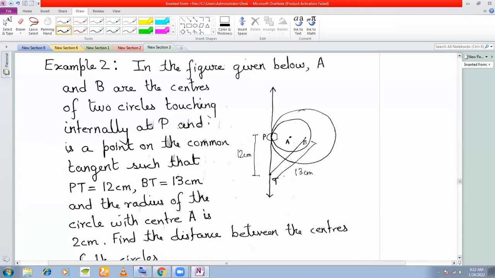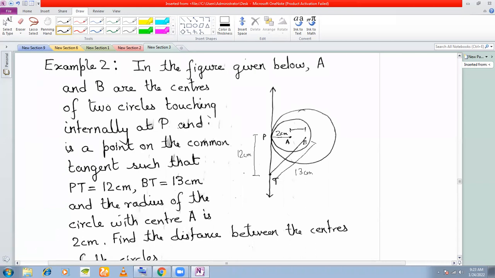And the radius of the circle with center A, that means this, right, is 2 centimeter. So that means this is 2 centimeter, right? Find the distance between the centers of the circles. What is the distance between the centers? This one, right? We need to find out this distance.